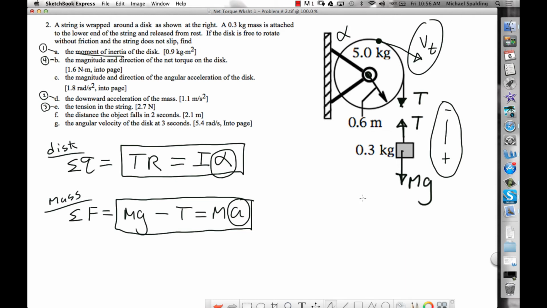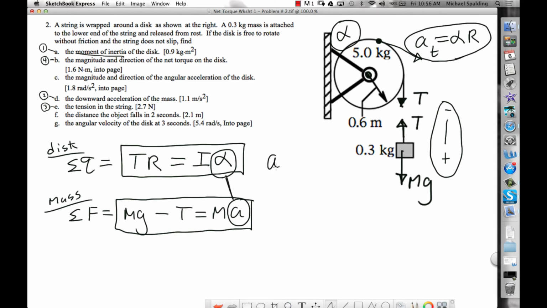It's increasing. That means that a point on the perimeter has a tangential acceleration because the tangential velocity is changing. Does that make sense? So this tangential acceleration equals the angular acceleration times the radius. That's how you connect these two.